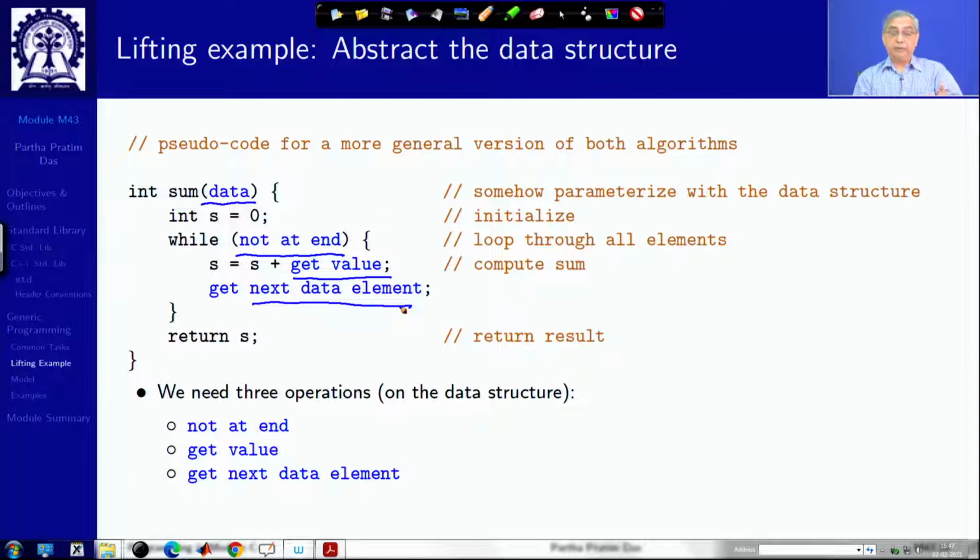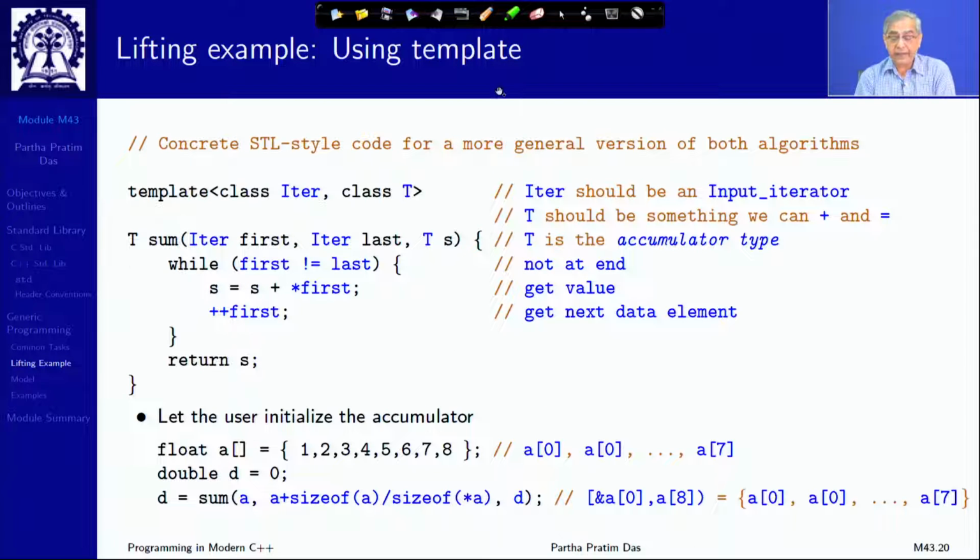If we can do these three steps, then we will be able to easily generalize both these concrete algorithms into an abstraction, and that is what we are trying to do here. A specific element type has been used, which can be very easily liberated by using a templatized type, right. So, if I try to write this in the form of a template, I can say that I will have something like a pointer to the data, which I called iter or iterator.